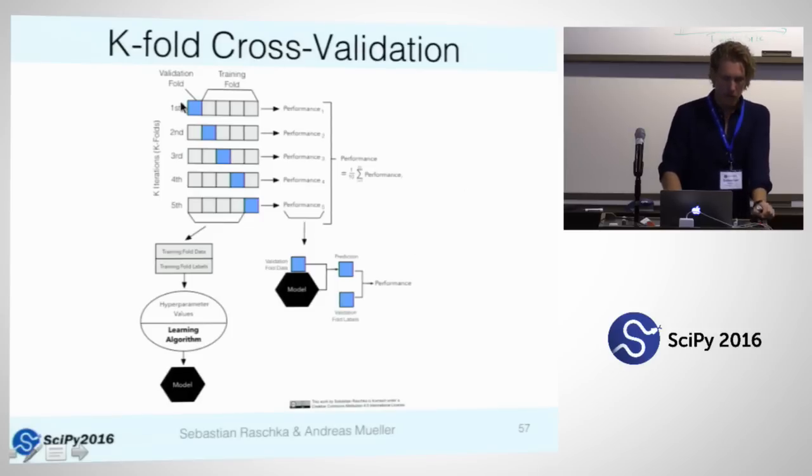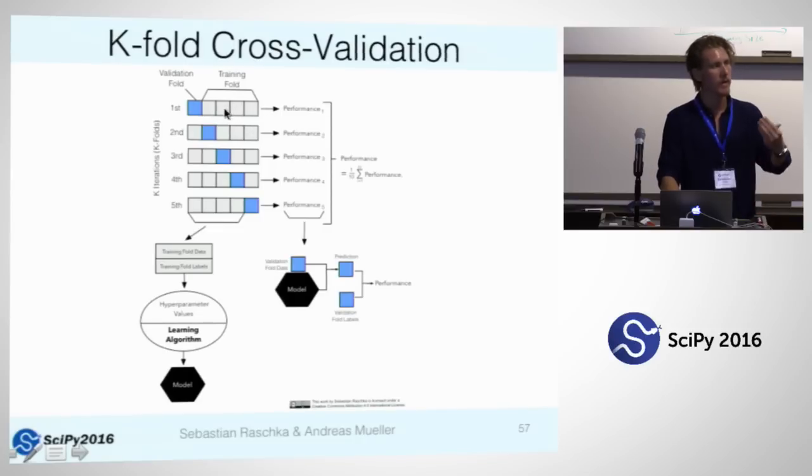So if we are at the first iteration, we would split our training data set into 5 chunks. One will become the validation fold, and the remaining ones will be joined and will be a training subset. And then we compute the performance when we fit a model to the gray area and evaluate it on the blue validation set.